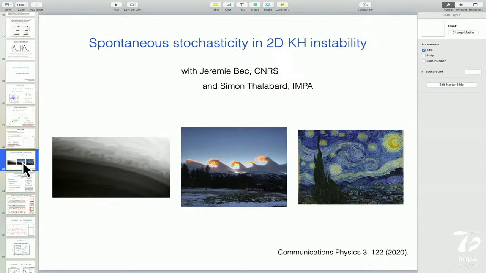These are artificial examples, but still already closer to reality. And now I can show you the simulation of an already physical model. So this will be related to the spontaneous stochasticity.